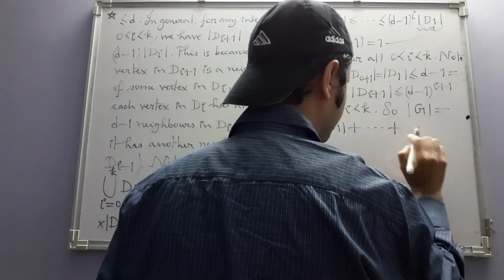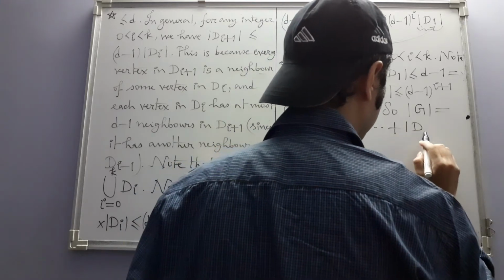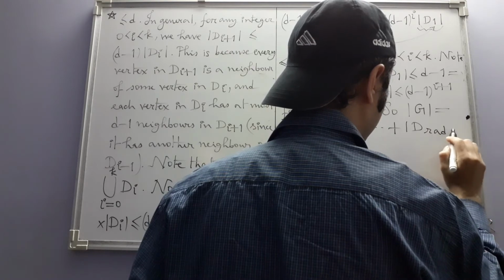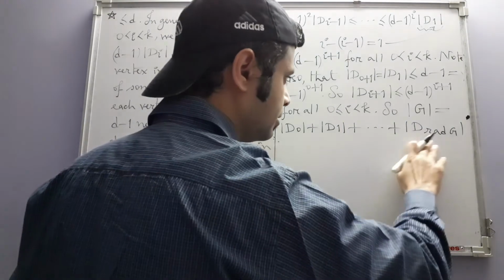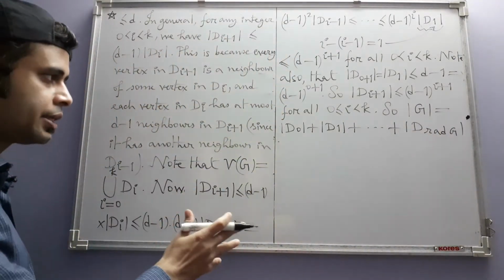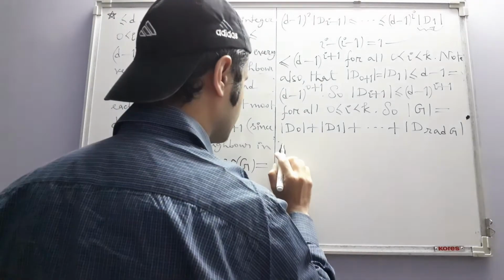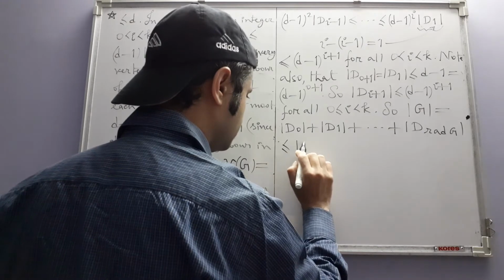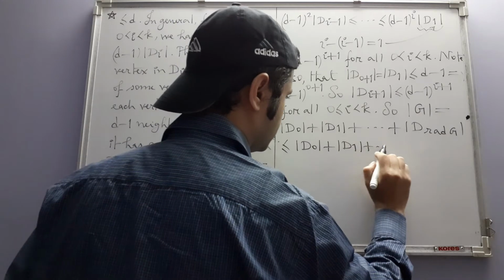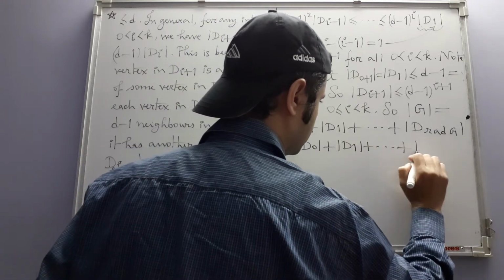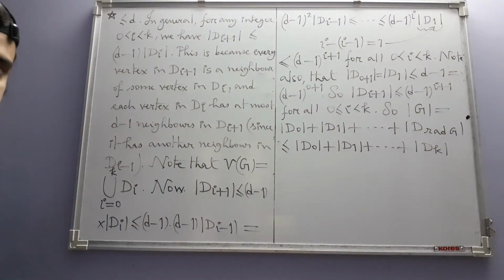Let us just write everything in full detail, and then we will write inequalities. D radius of G. Do you see what we have done here? This is the maximum possible distance that any vertex can be at from Z, and that is less than or equal to k, because k itself is greater than or equal to the radius.